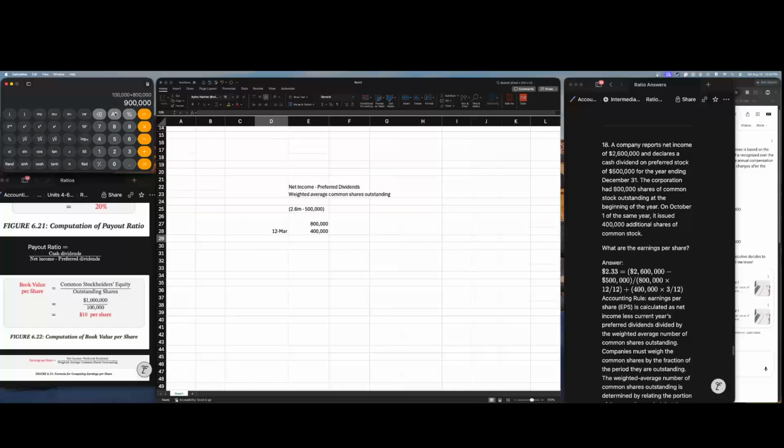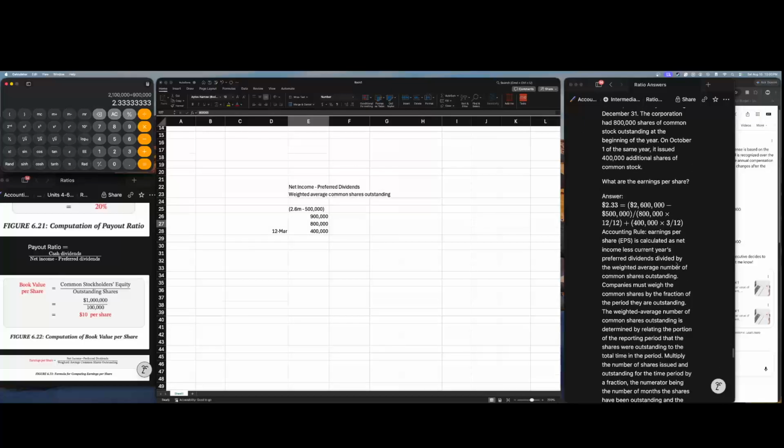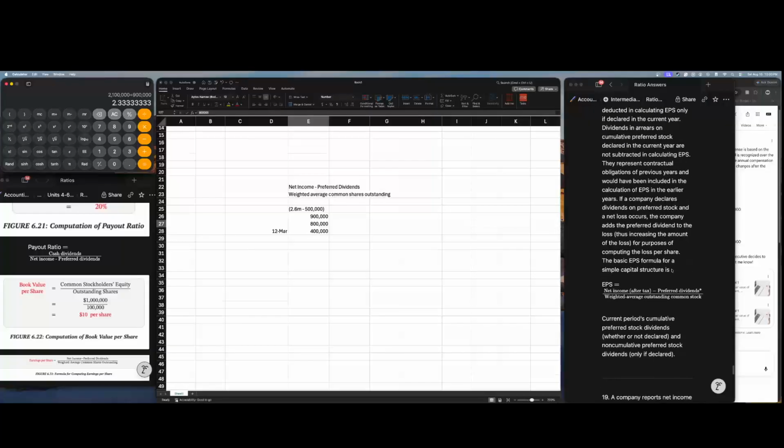So 2.6 million minus 500,000 divided by 9,000 is $2.33.